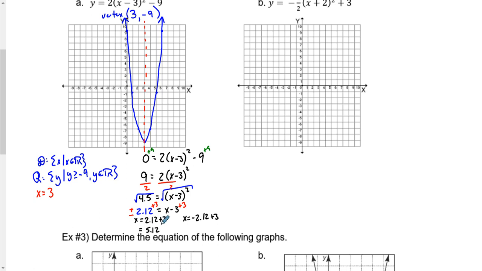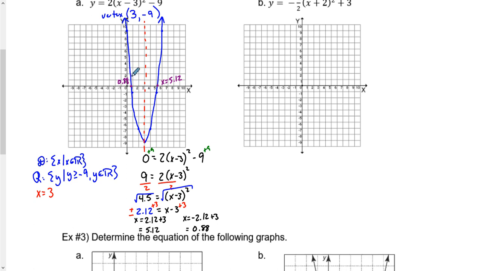Negative 2.12 add 3 is 0.88. Well, where is that showing on our graph? This is 5.12. This is 0.88.